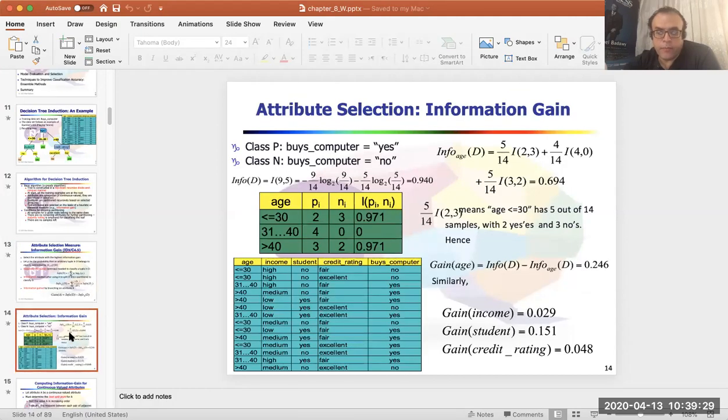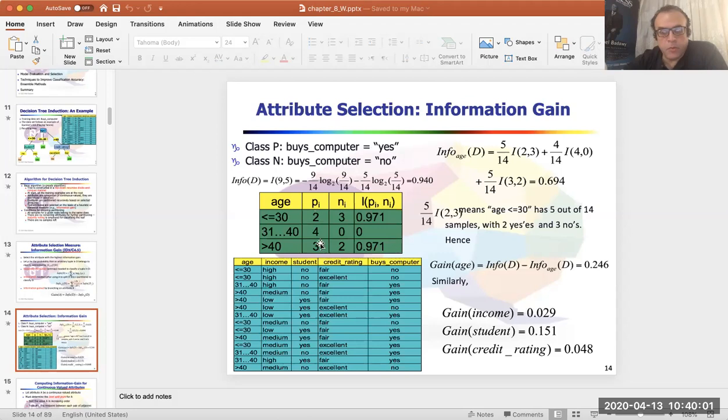I want to give a very short example. I have a data set here, and I want to create a class P where buying a computer is yes, and a class N where buying a computer is no. Using this information, I should be able to compute at different age levels: less than 30, between 31 and 40, and more than 40.